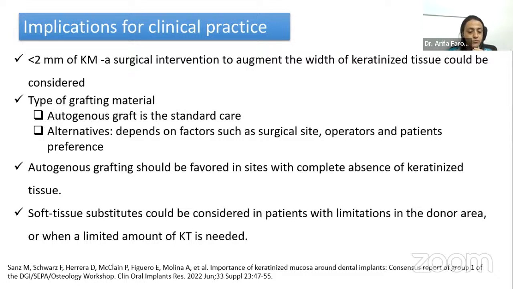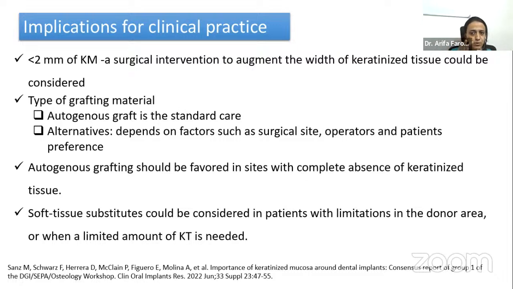The various xenogenic collagen matrices have come into the market, but still the results are not that good as compared to the free gingival graft. If there are some limitations such as donor site limitations, or the patient is not ready for a second donor site, then you can think of these alternative materials. These alternative materials are good when there is not a complete absence of keratinized tissue.